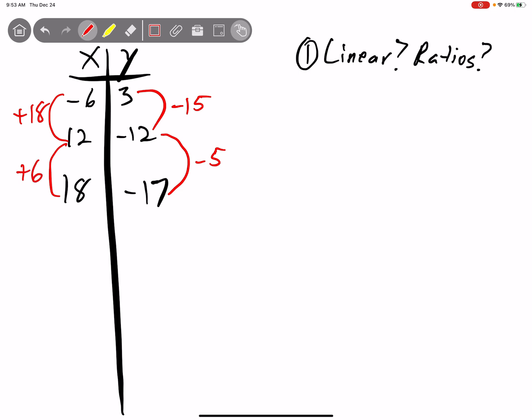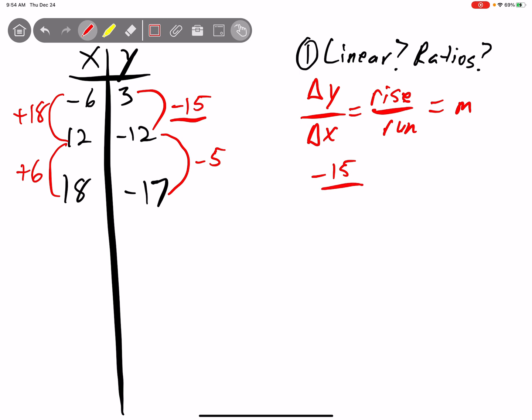Now let's check our ratios. Remember the change in y over the change in x, which is the rise over the run, and this all gives me m. So the first one is -15 is my change in y, and when that happens, the change in x is 18.